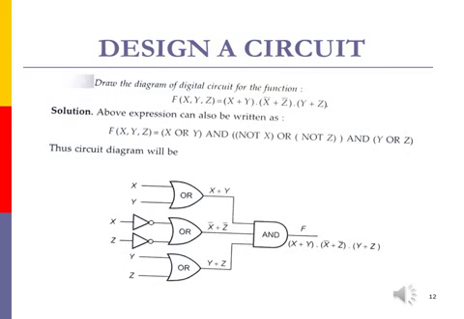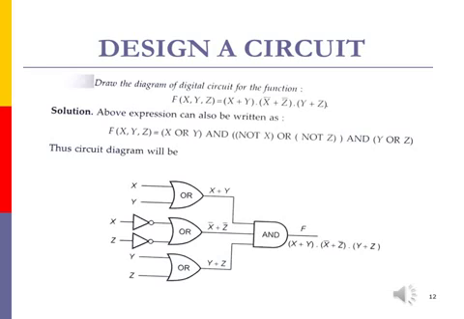Here is an example for designing a circuit. From the given function, we need to write the function operations with their logical names. For example, plus in the function can be rewritten as OR, multiplication can be written as AND, and the not operation can be written as NOT. From the function, x and y inputs are given to the OR gate, which produces the x plus y result.